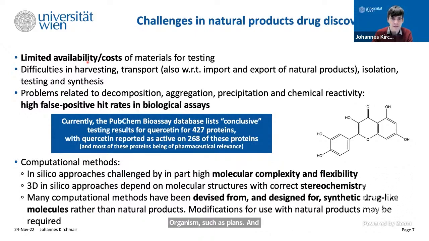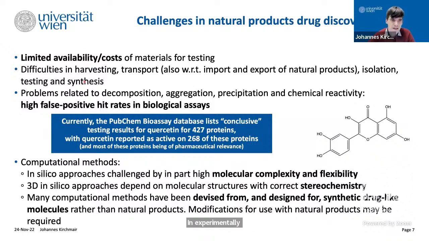It is also very difficult, not just logistically, but also legally, to import or export certain types of natural products. So it's often a very long road to get these natural products actually in the vial, to be able to test them experimentally.